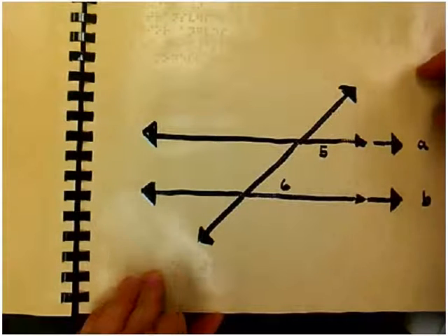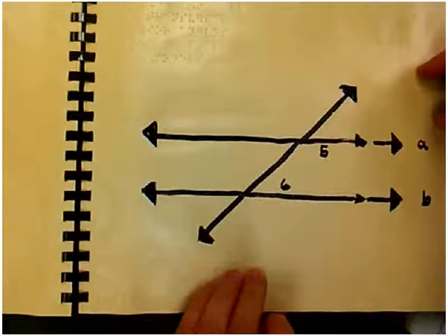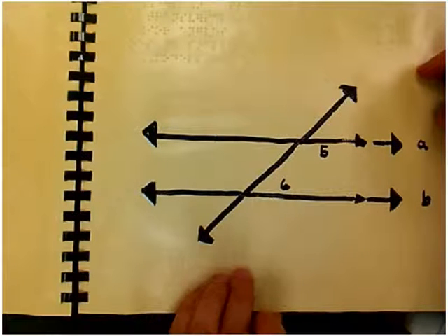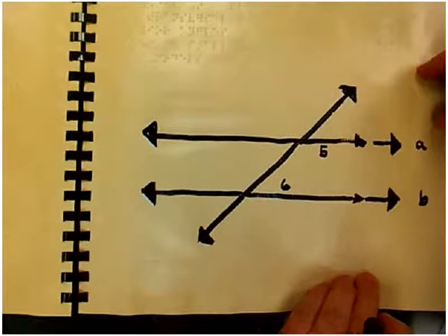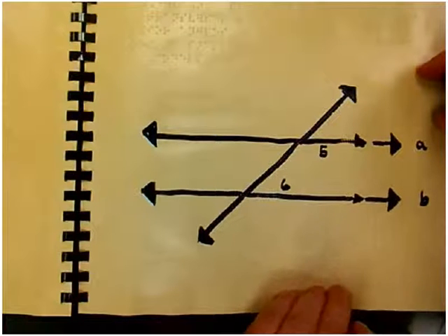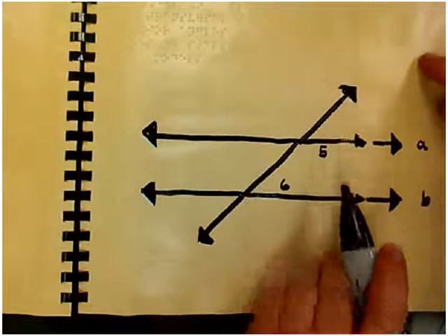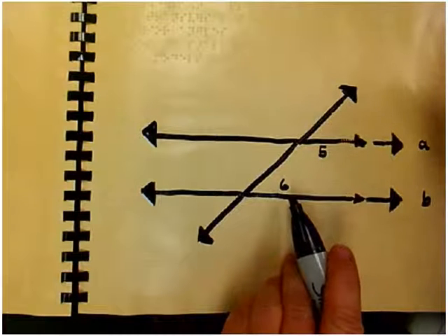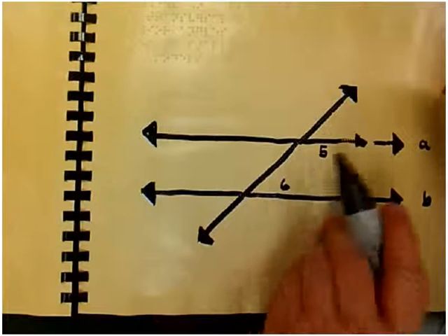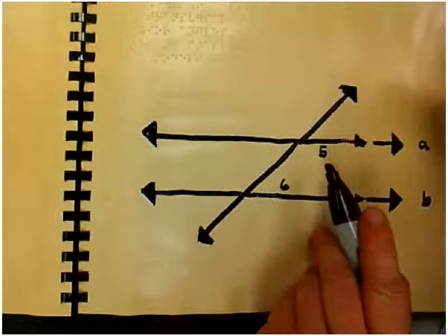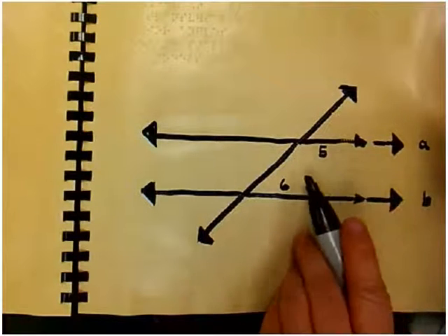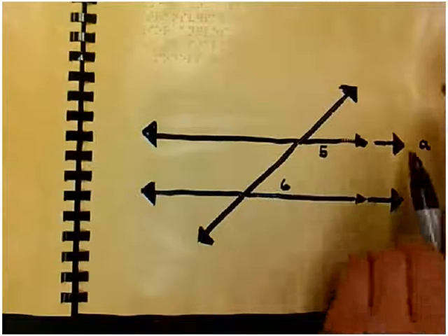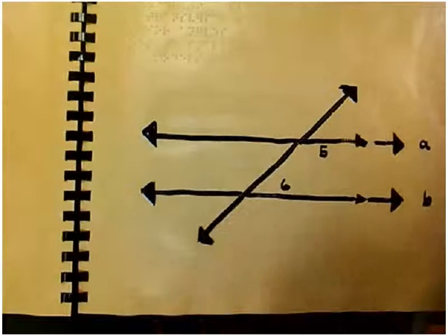It says, if the measure of angle 5 plus the measure of angle 6 equals 180, then A is parallel to B. So if 5 was 120 and 6 said 60 on it, then you would know, aha, because of Theorem 4-7, I know that if I have consecutive angles that are supplementary that add up to 180, then I can tell you for sure that A and B are parallel. All right? Is that helpful?